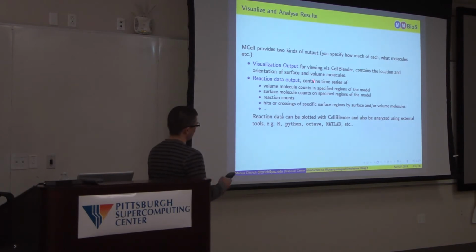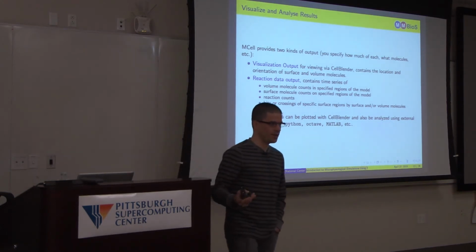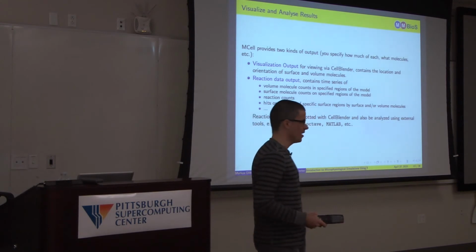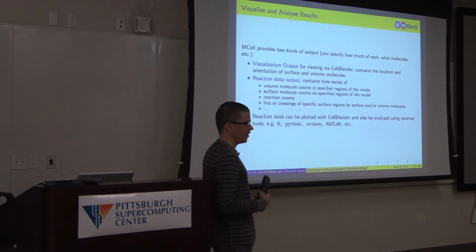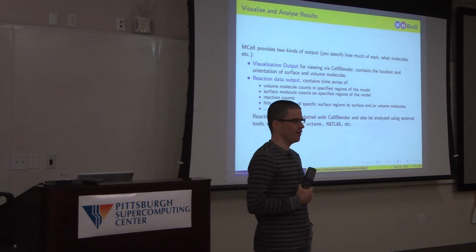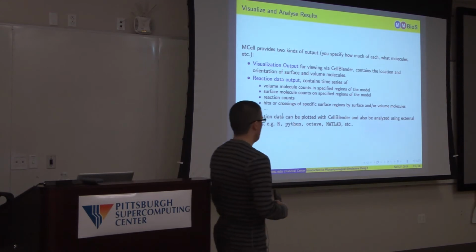Typically, at least for the kinds of things I do, the key output is really reaction data output, where we count numbers of molecules and numbers of reactions. MCell will right now just give those to you as plain text files that you can analyze in your favorite tool.